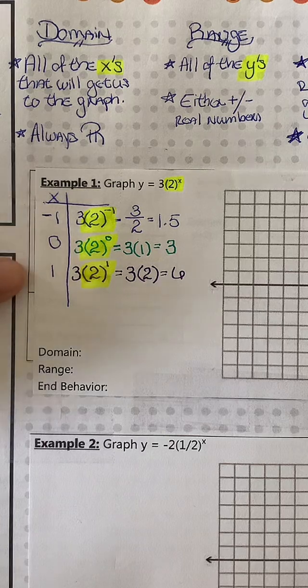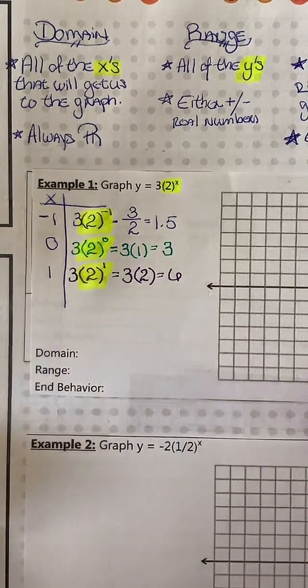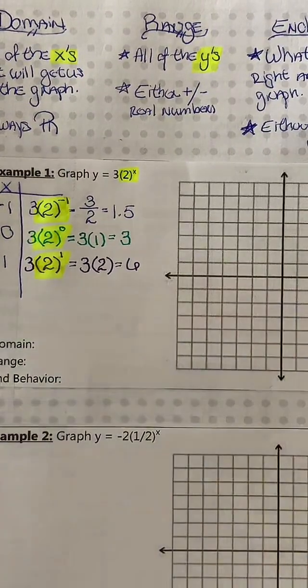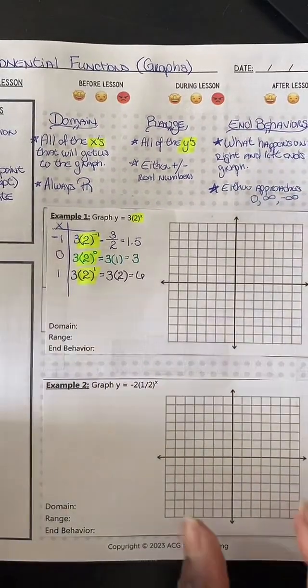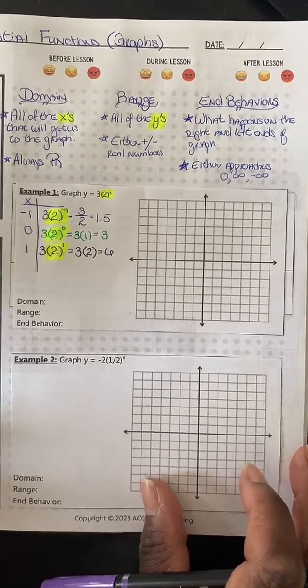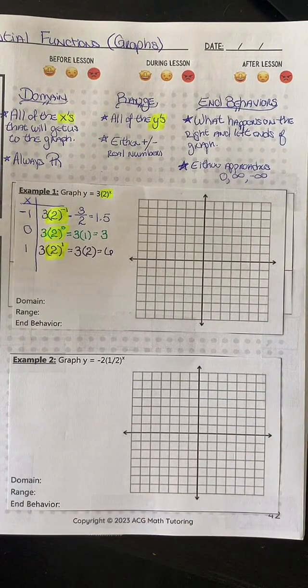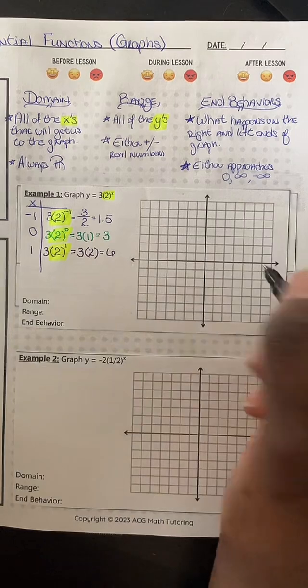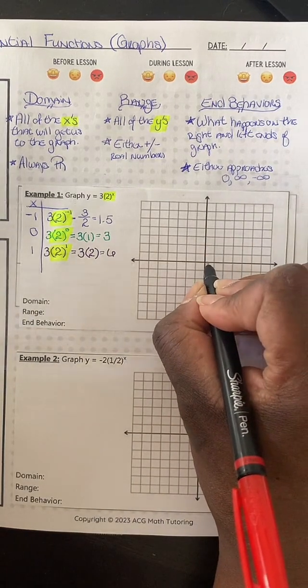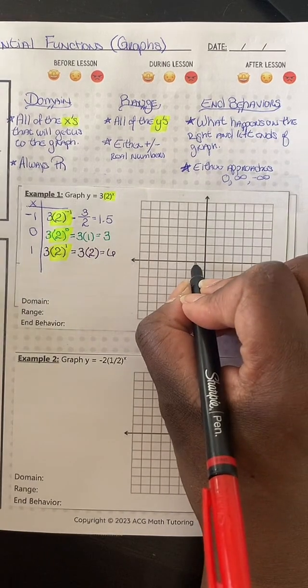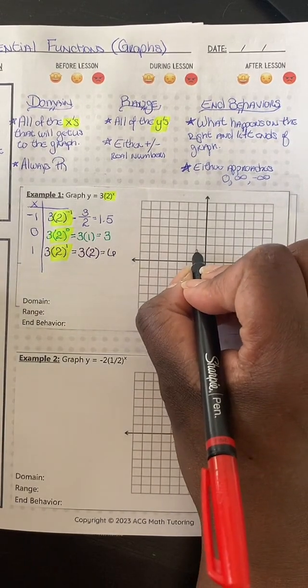So we have our ordered pairs to put on our graph. Let me unzoom just a hair. Okay, that was more than a hair. But we have our points. Let's say we're counting by ones, just to make it easy for us. Starting at the origin, I got my -1 and I go up 1.5.